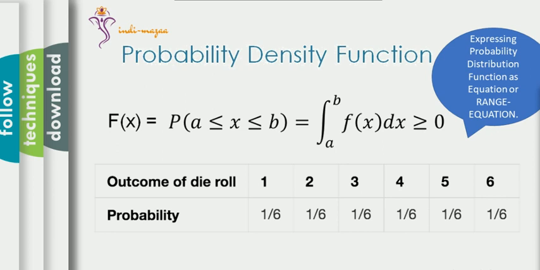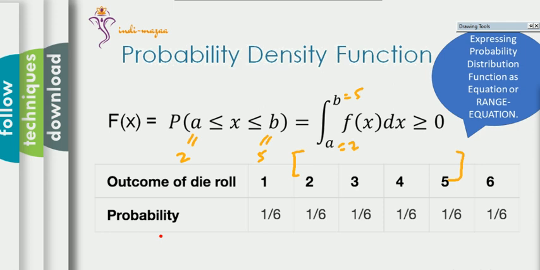Now, let us evaluate the probability of the dice throwing any number between 2 and 5. Clearly, here a is 2 and b is 5. Hence, to evaluate such an event, we sum or integrate the probability of all the events in this range.